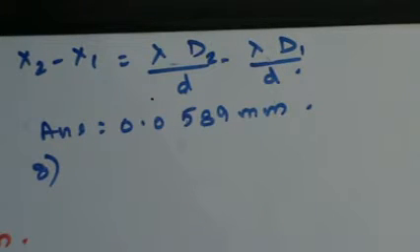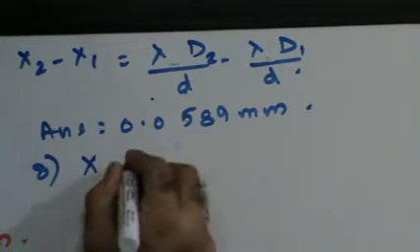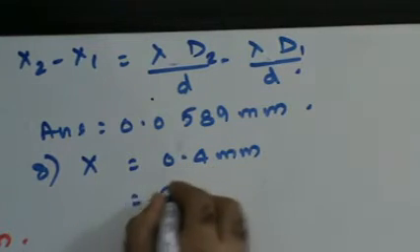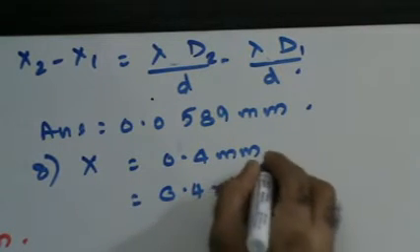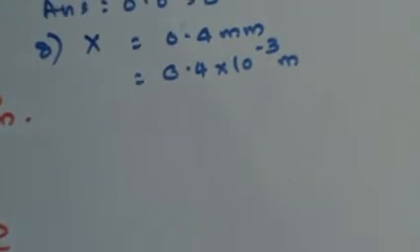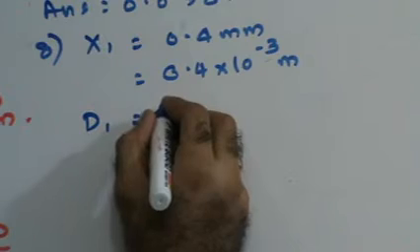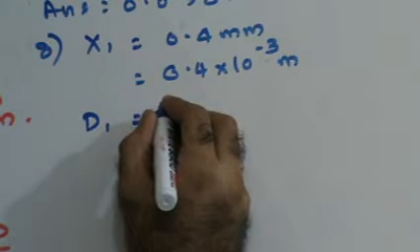In biprism experiment, fringe width is 0.4 millimeters when the eyepiece is at a distance of 1 meter.